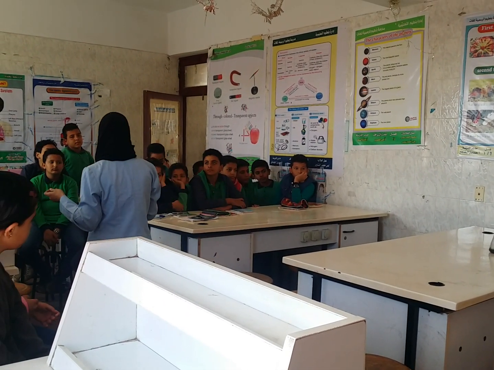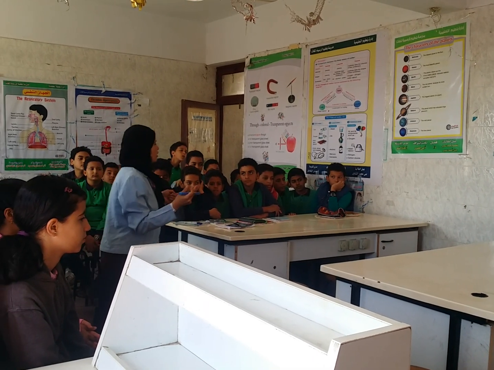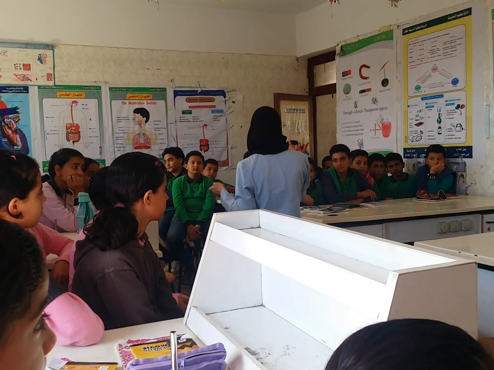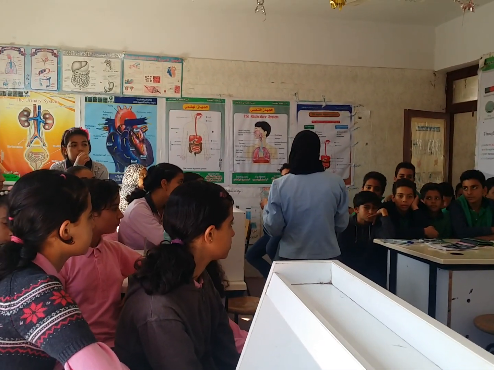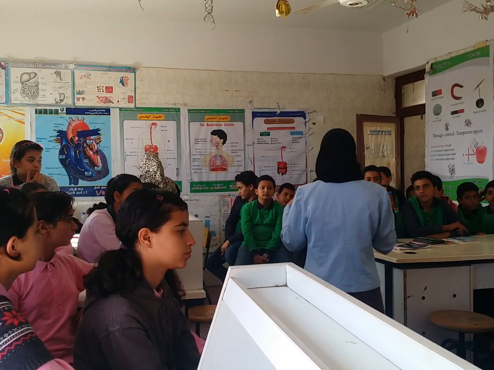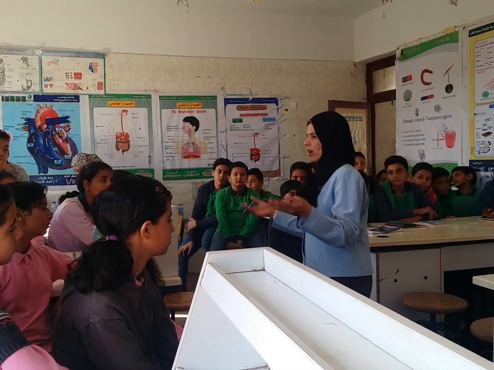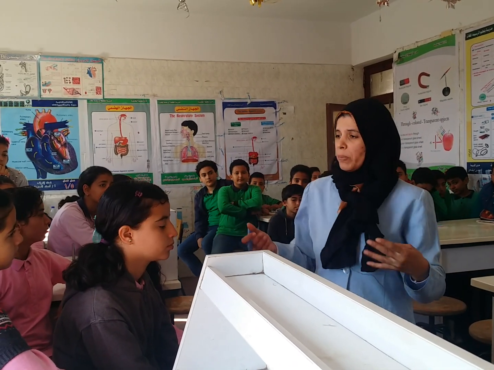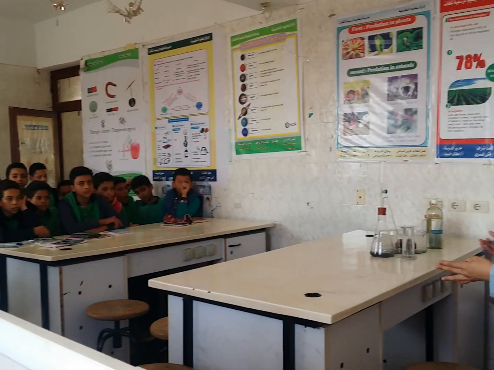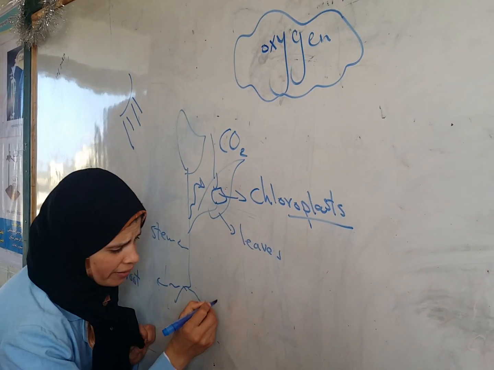This reaction occurs during the presence of sunlight. It produces nutrients plus oxygen. Nutrients like carbohydrates, our food, like potatoes, tomatoes, rice, and so on, which are produced from the photosynthesis process, and the oxygen.